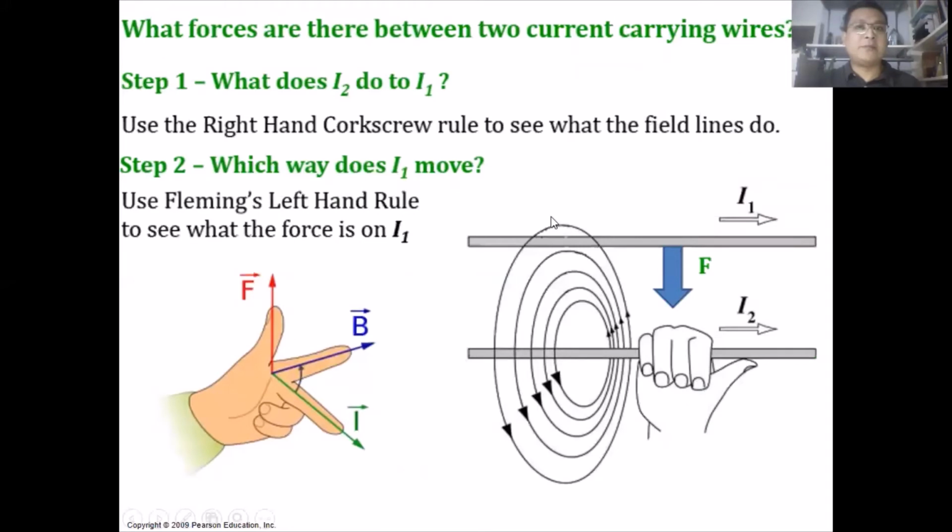What force is there between two current-carrying wires? Step 1: what does L1 do to L2? Use the right hand. We can use the corkscrew rule to see what the field lines do. You can see a current here in the wire flowing from the left to the right side.